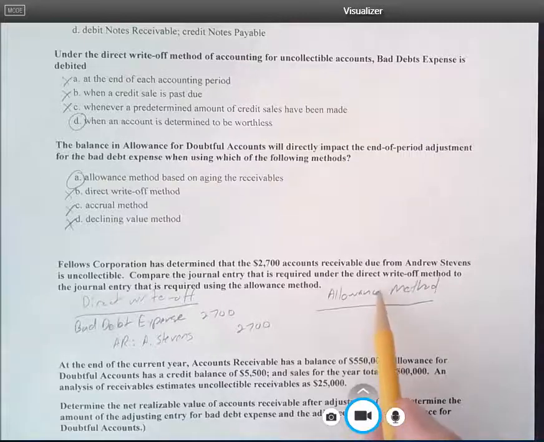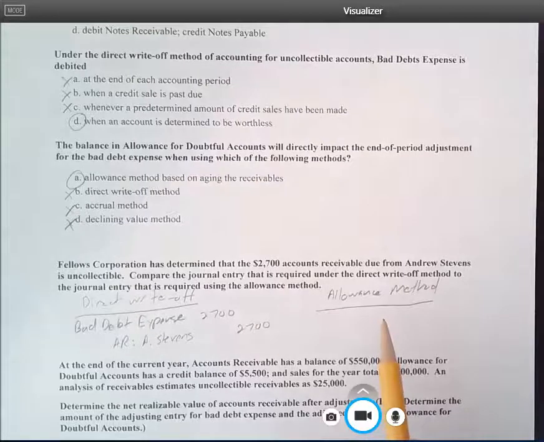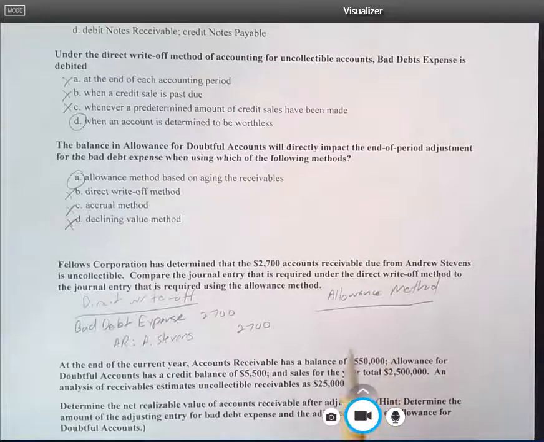Now, under the allowance method, we've already made our estimate of bad debt expense, and we've already hit this account. So we're not going to do it again. Instead, when we set up our estimate at the beginning of the period, we credited an account called Allowance for Doubtful Accounts for whatever figure, hopefully more than $2,700.